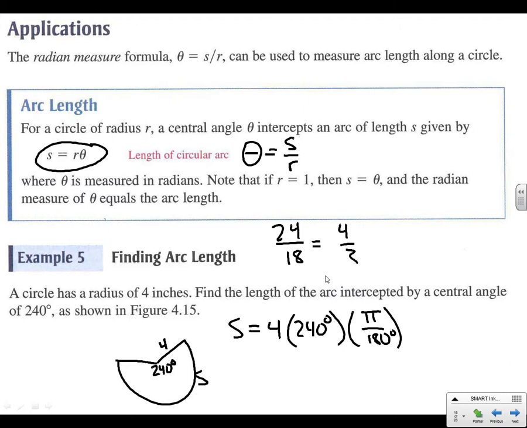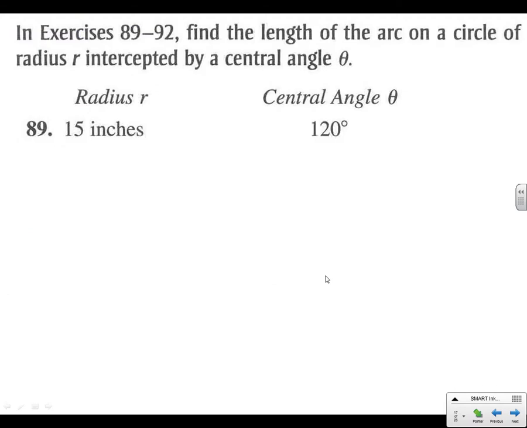So 4 over 3. There we go. So we've got S equals 4 times 4/3 pi. So we're going to get 16 pi over 3 would be our arc length, which is the distance around the circle. All right? Same exact steps. See if you can do problem 89.